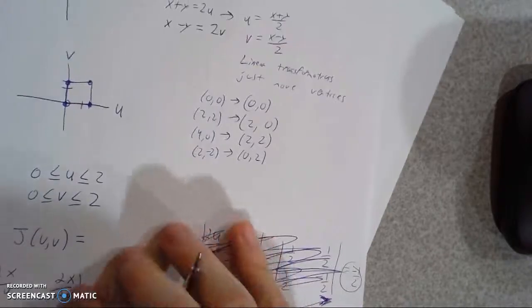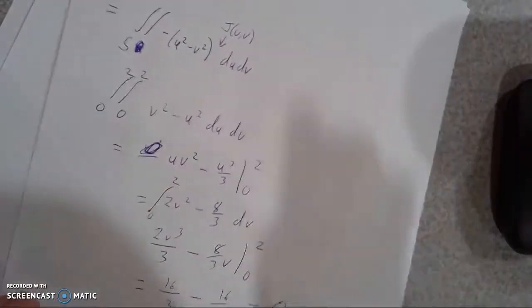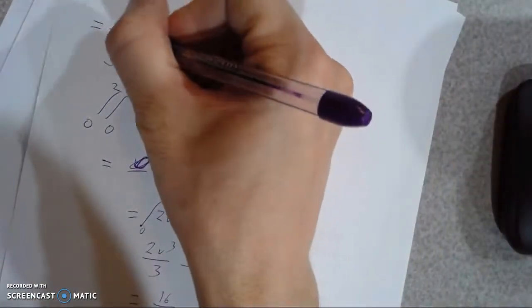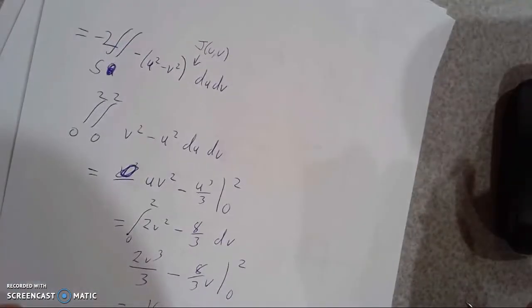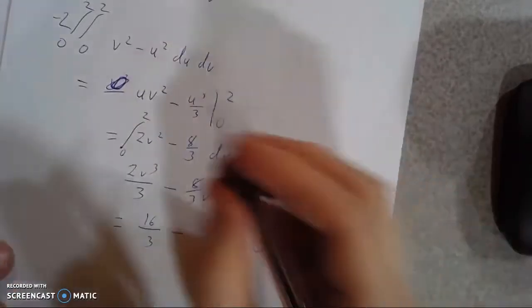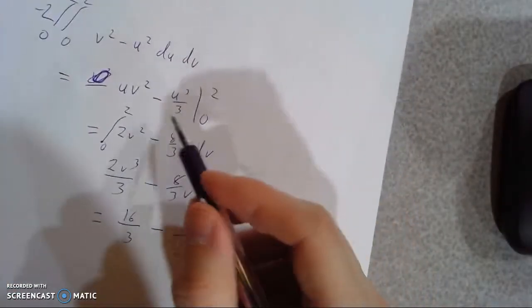Our Jacobian value was minus 2. So when we're done with this, we have to multiply by negative 2.